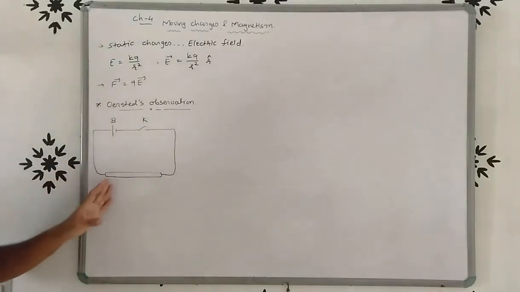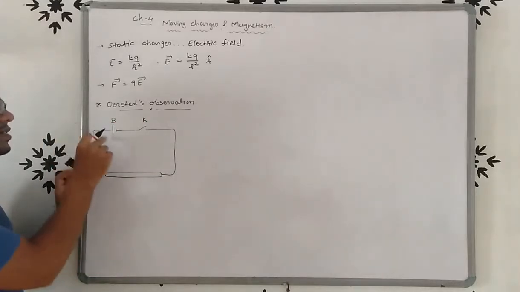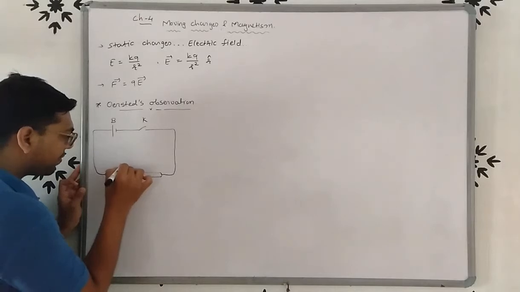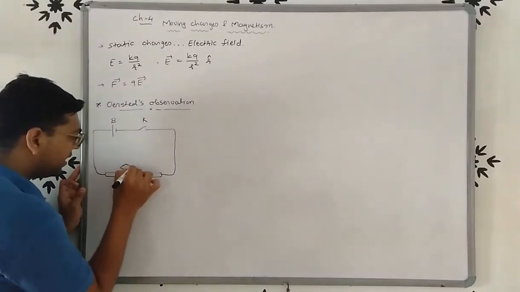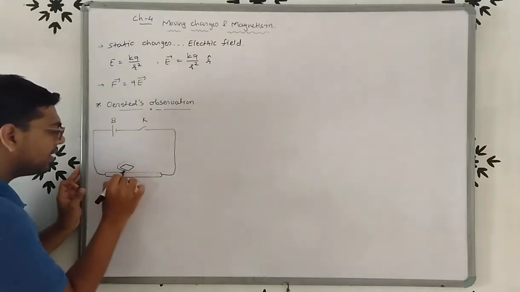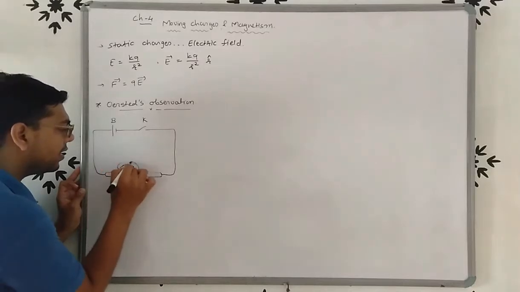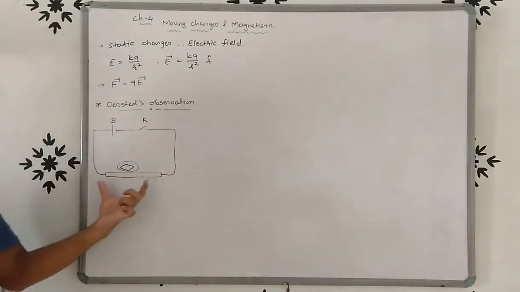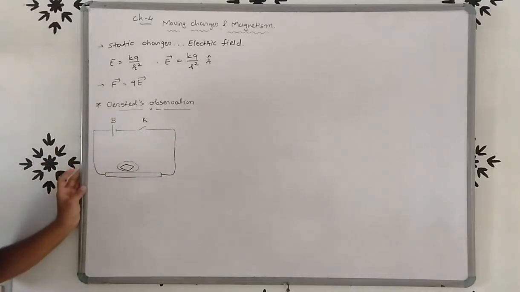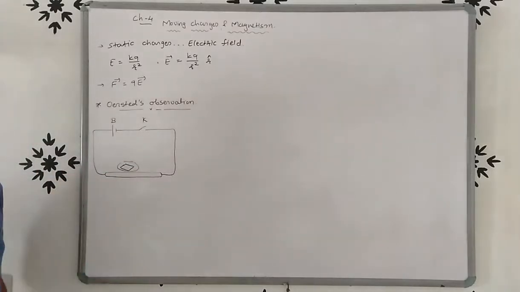Right. So Oersted takes one conducting wire and he connects this conducting wire with a battery and key, and he places a magnetic needle like this. So this is the magnetic needle. He places the magnetic needle near this conducting wire.